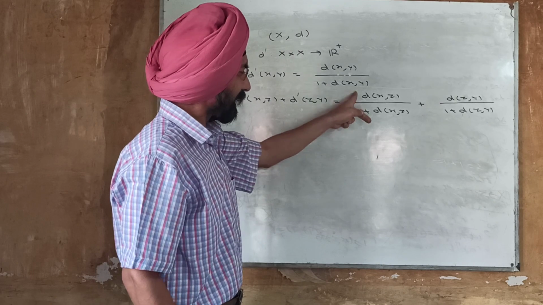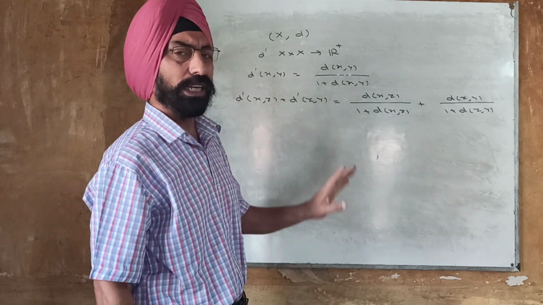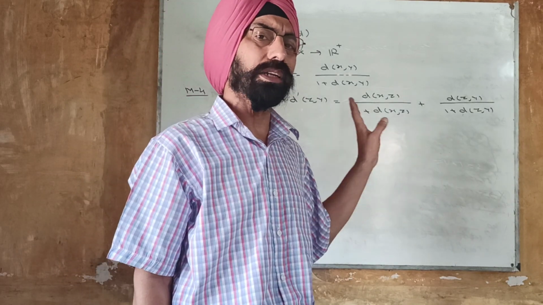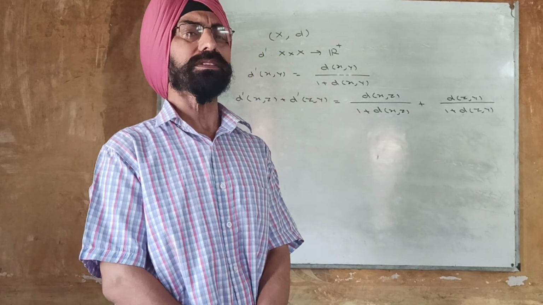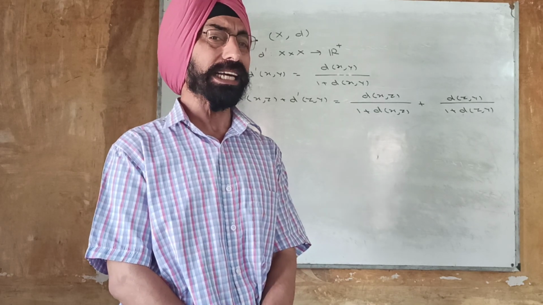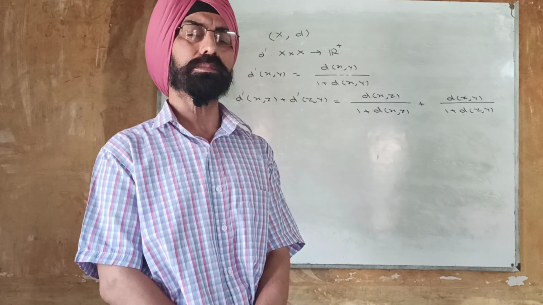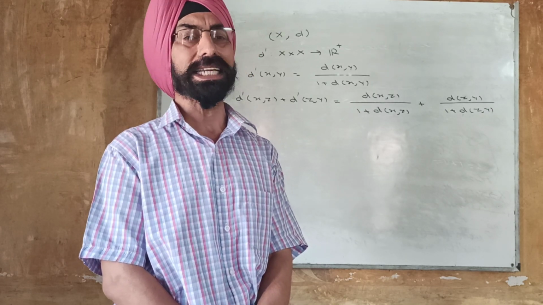So this is a fraction, and numerator as well as denominator is positive, so it is a positive fraction. In a positive fraction, if I increase the denominator, what will happen? The total fraction will decrease.